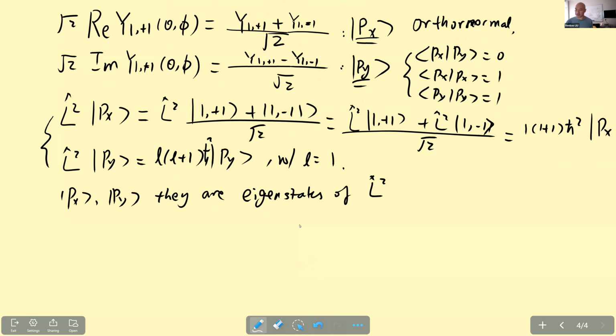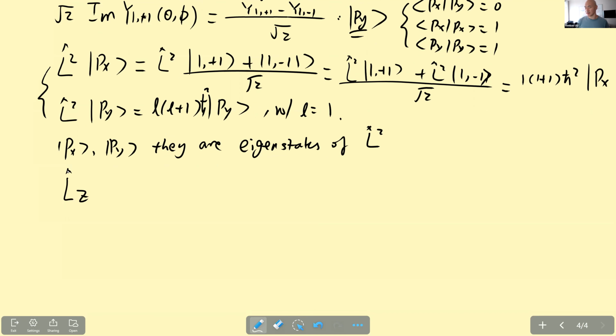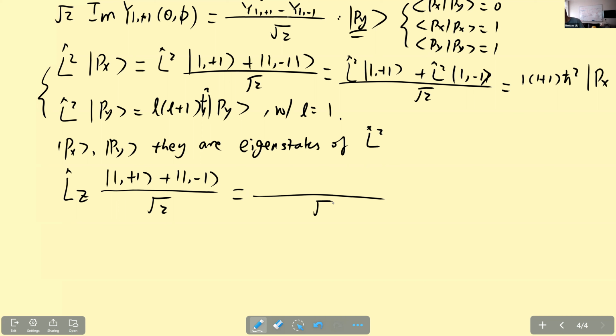And then how about LZ? So let's check this, |1,1> plus |1,-1>. Now the first one will give you h bar times (1 plus 1), but the next one will give you minus h bar times (1 minus 1). So that means LZ acting on px will equal i h bar times py, right?